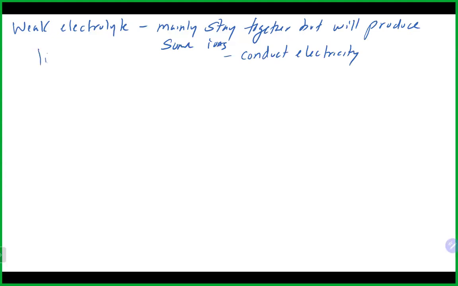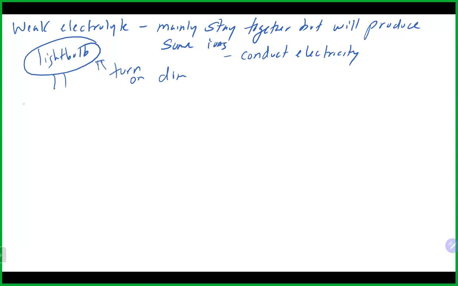So if you take that light bulb example and put it into a weak electrolyte solution, it would turn on, but it would look very dim, like it's almost dying, like it's just about ready to lose power. It's still able to conduct electricity because there's still the presence of some ions in that solution.